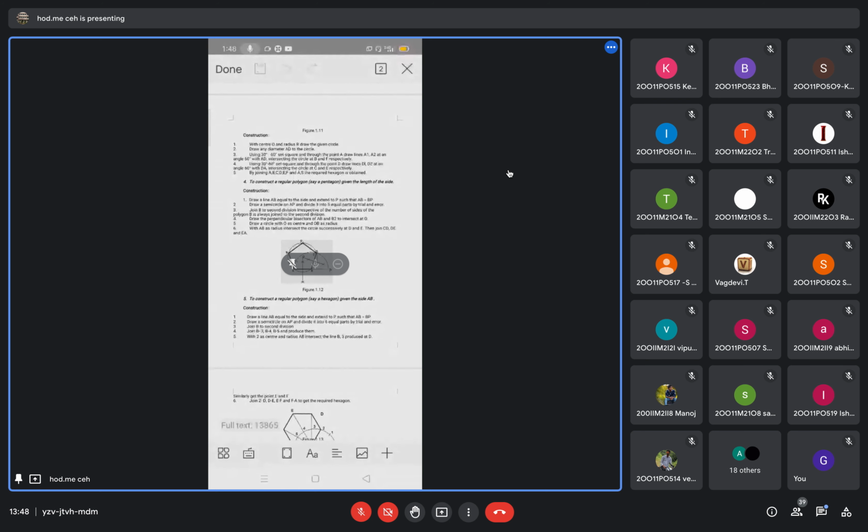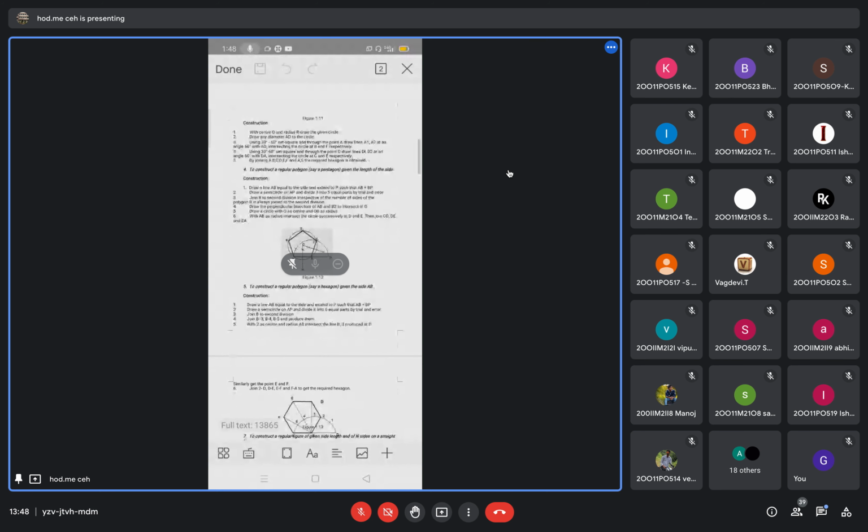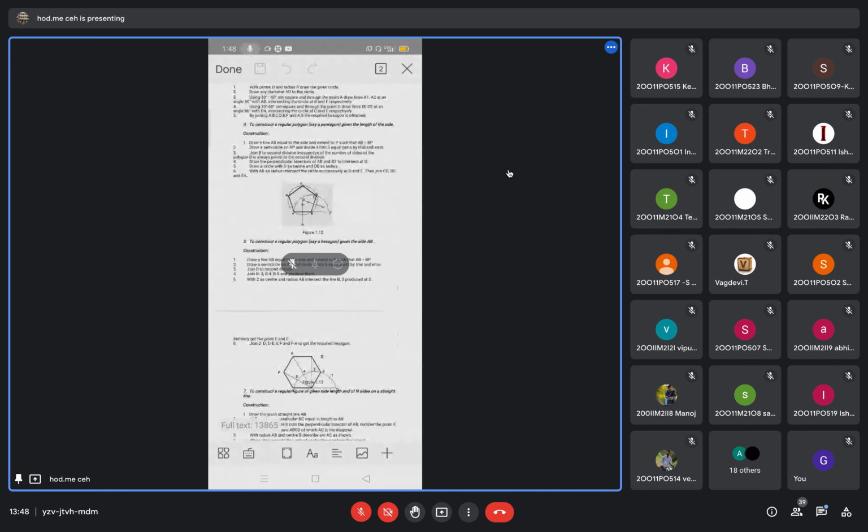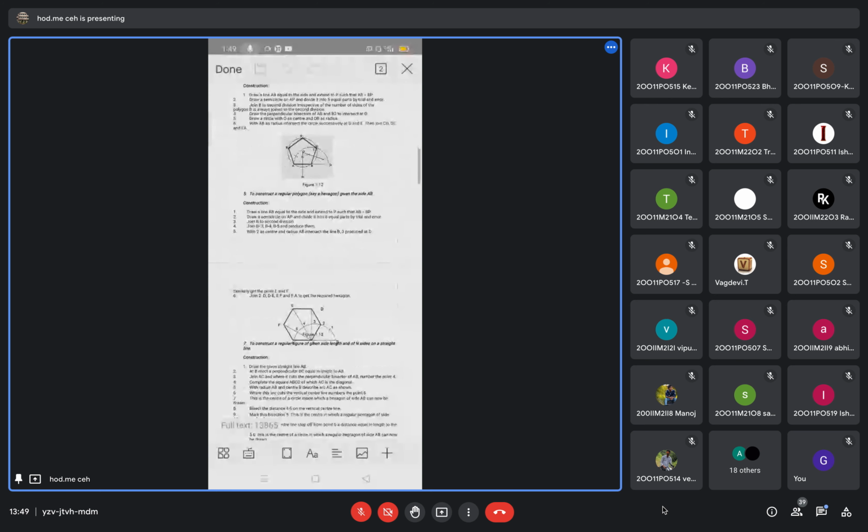The next, fifth problem is the construction of a regular polygon, say a hexagon, given the side AB. Draw the line AB equal to the side and extend it to P, such that AB and BP are equal.